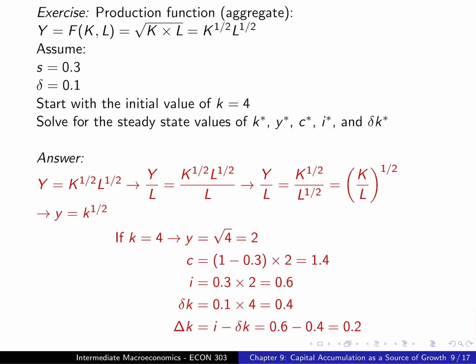The change in capital stock is Δk = i − δk = 0.6 − 0.4 = 0.2. The conclusion is, since Δk is 0.2 but not 0, the capital stock is still growing and has not yet reached the steady state.